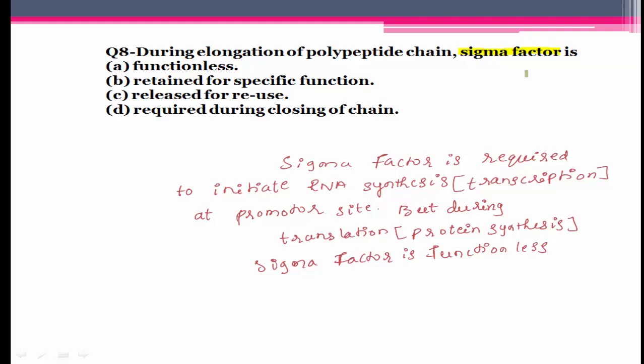But here the question is given with respect to the elongation of polypeptide chain, that is protein synthesis. So during elongation of polypeptide chain, the sigma factor becomes functionless. It is not at all required for the translation process, it is required for transcription. So the right answer is option A.